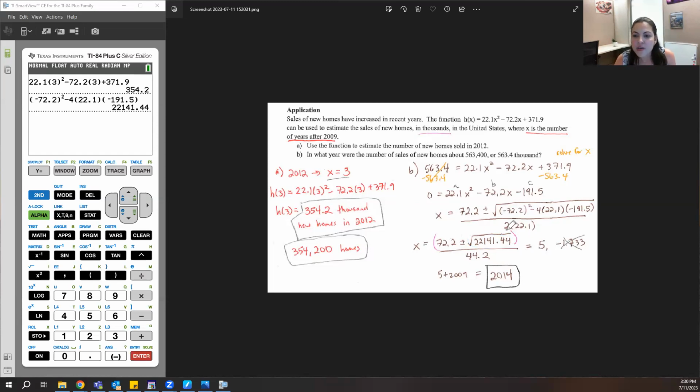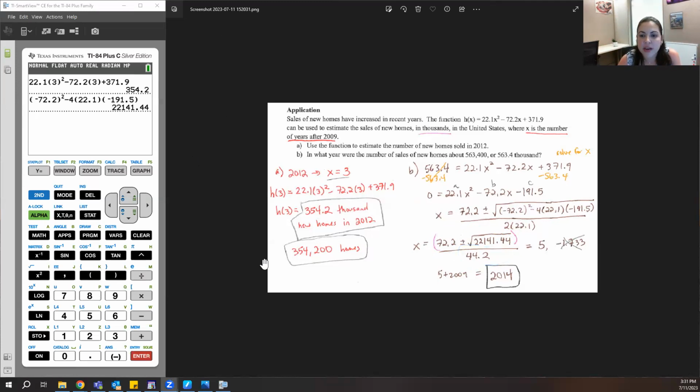And so now I'm going to type in this fraction. One way that I'm going to do it is I'm just going to first do the plus. Notice here in my notes, I wrote parentheses around the numerator because when I'm typing it in the calculator, I want the calculator to know that it's the entire expression in the numerator that's being divided by that denominator.